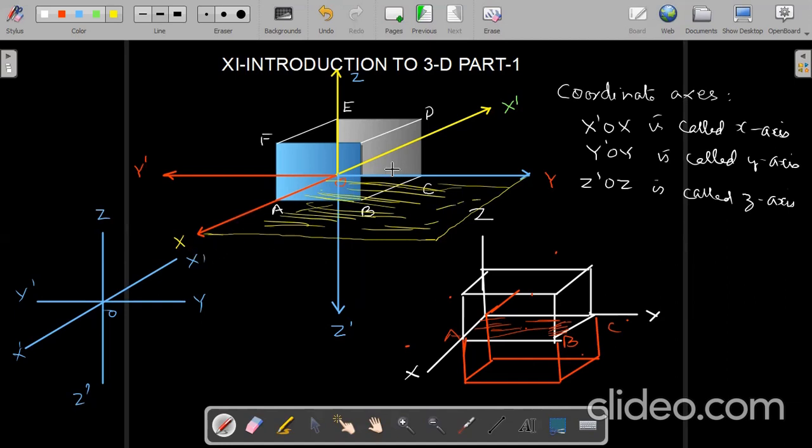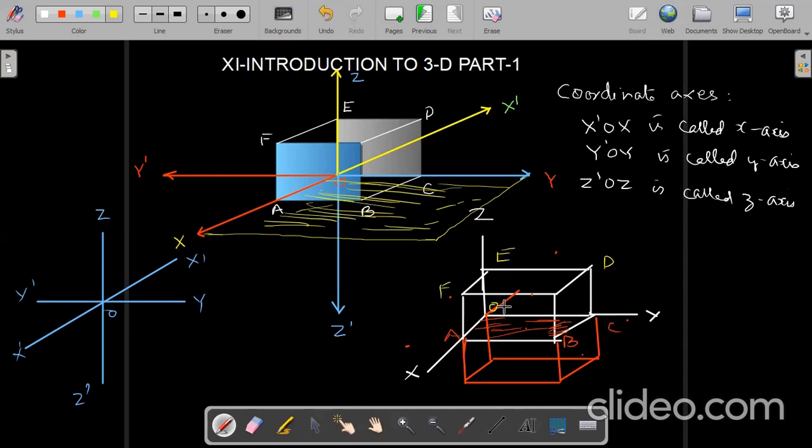So XOY, sorry, XOY is a plane. Like you can see the walls of this cuboid. This backside wall is A, B, C, D, E, F. This is O. So OCDE is lying on the YZ plane.